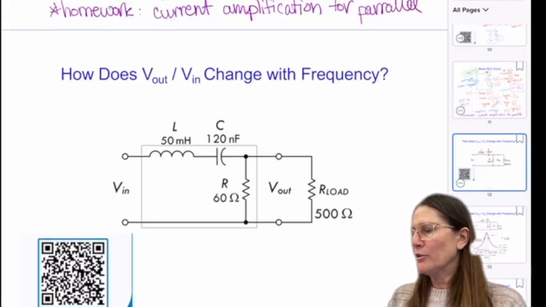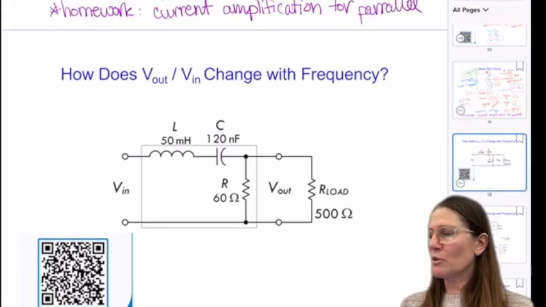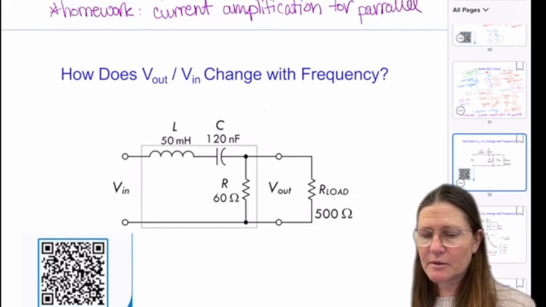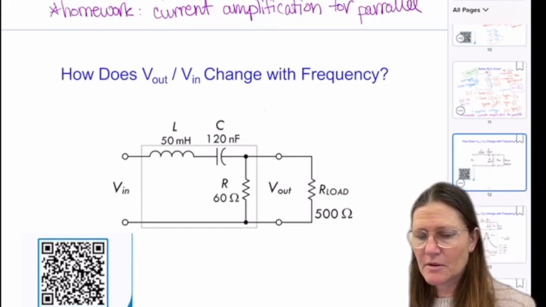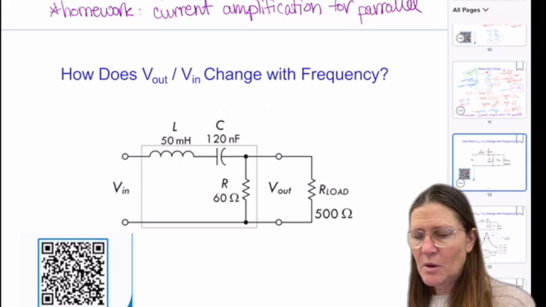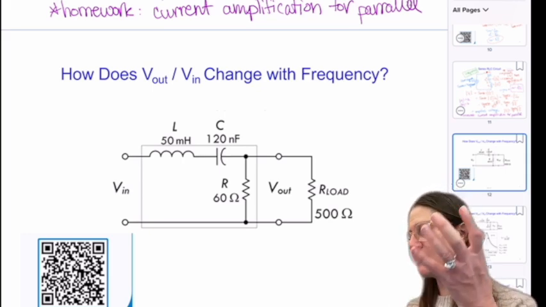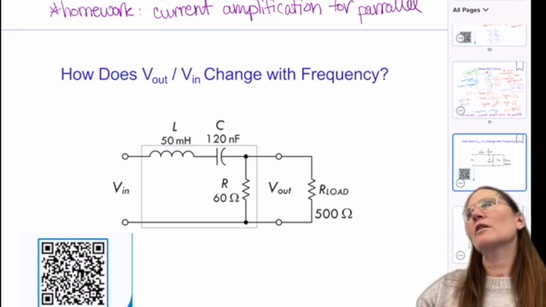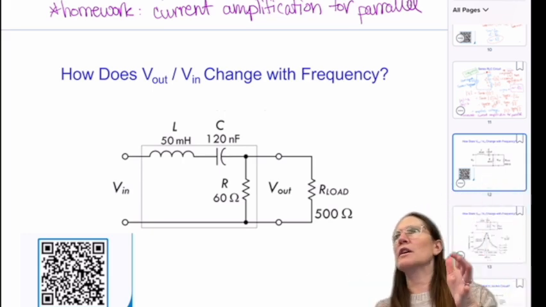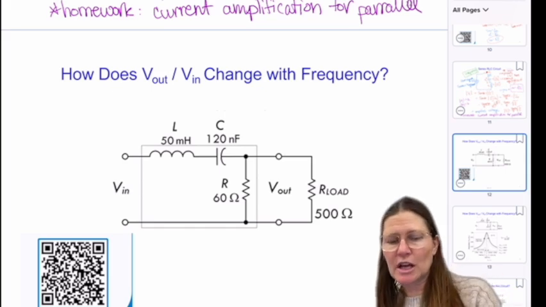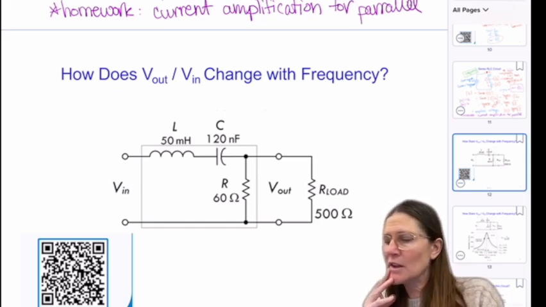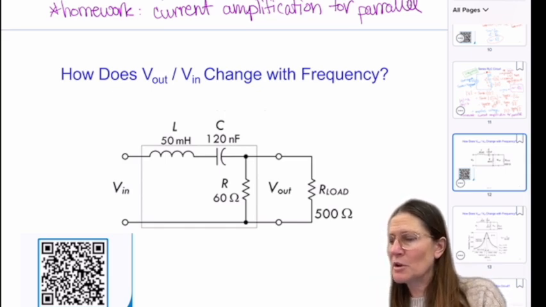Okay, so when we look at these, we're going to go through the process of changing these over, getting the transfer function, and then looking at the Bode plot to see the change of the output over the input with frequency.